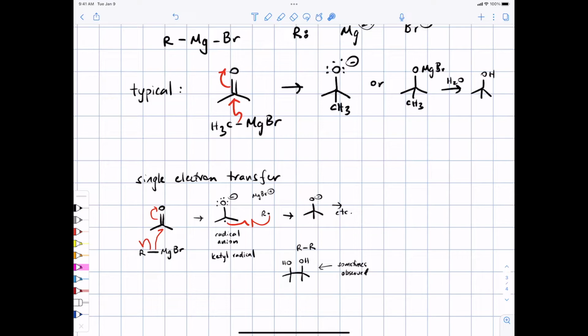Yeah? So what initiates the single electron transfer? Why does it just lose an electron? Short answer is I don't know. A little more complicated answer is this is a reduction reaction, so it must have to do with oxidation-reduction potentials.